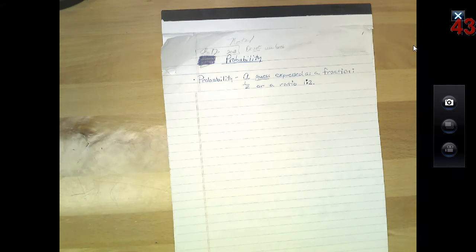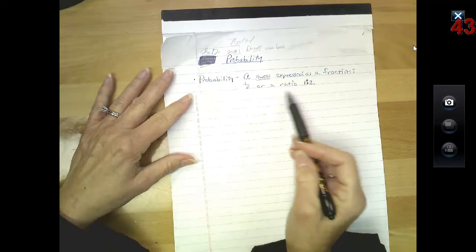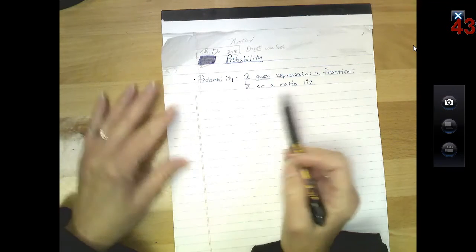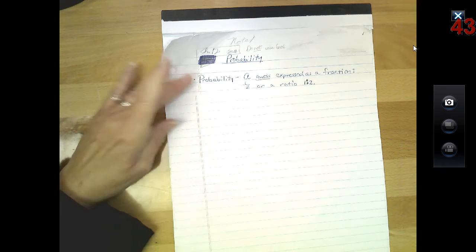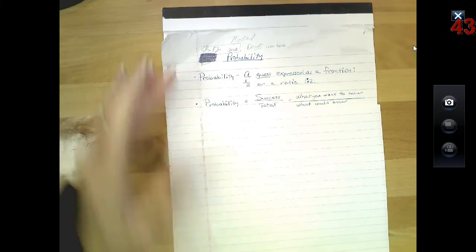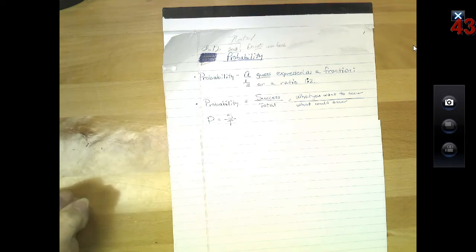It can be written as a fraction or as a ratio, like 1/2 or 1:2. The formula for probability is the success over the total. P equals S over T. Success over total: what you want to occur versus what could occur.